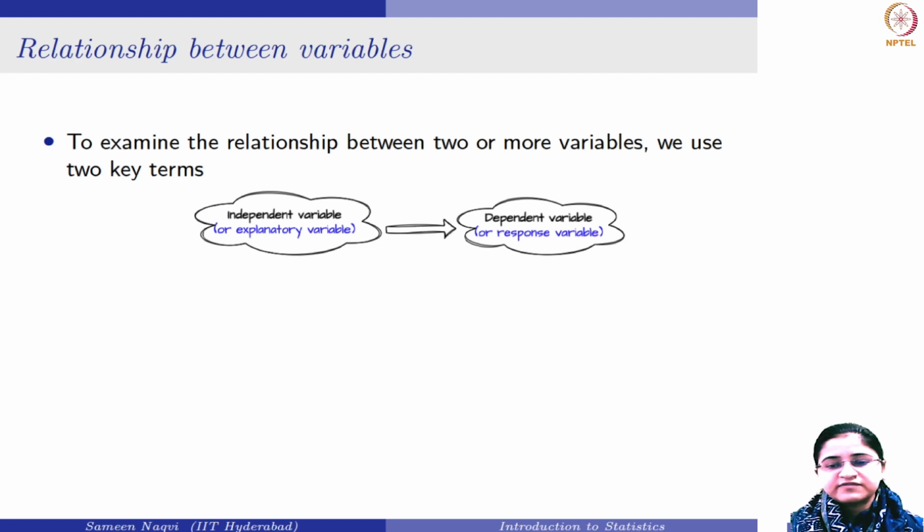On the other hand, you have the dependent variable, which is also referred to as a response variable, and these are basically the responses or the outcomes which we measure after making changes in the independent variable. And basically, if we want to assess the impact of the changes in the independent variable, we look at the dependent variable.